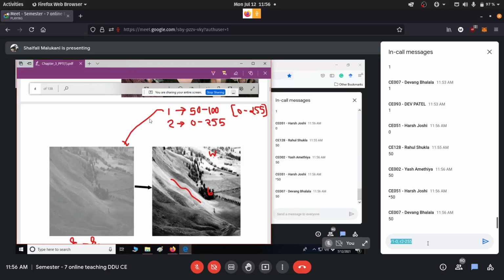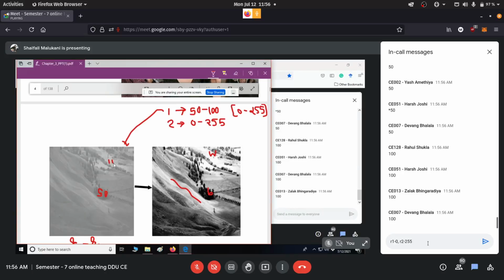But here, as I told, it is 50. You are clear with me? Okay, so this should be 50. And if I say this is the brightest region, what will be this value? This is the brightest region, it will be 100.